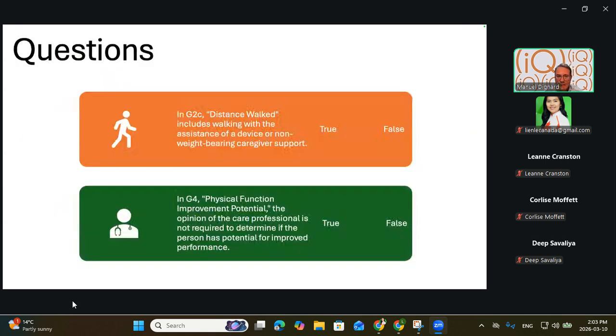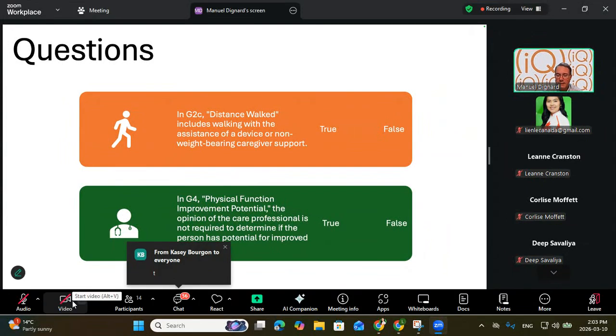All right, a couple of questions before we break. In G2C, distance walked includes walking with the assistance of a device or non-weight bearing caregiver support. True or false? This is true.